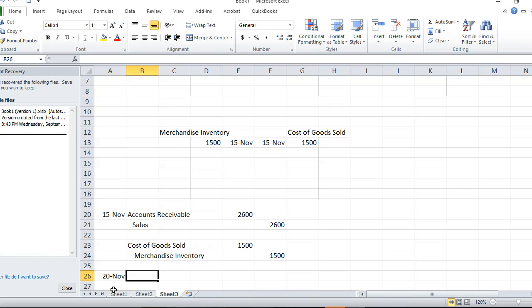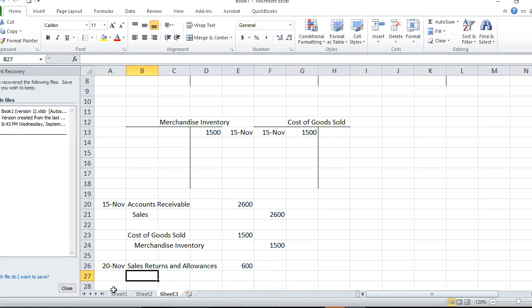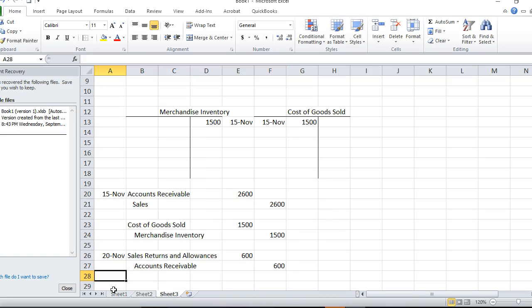We've got now something, because we want to keep track of how much stuff gets returned. So we're going to create an account called Sales Returns and Allowances of $600, aren't we? And our accounts receivable goes down $600, doesn't it? Because they're not going to owe us. They gave it back to us.